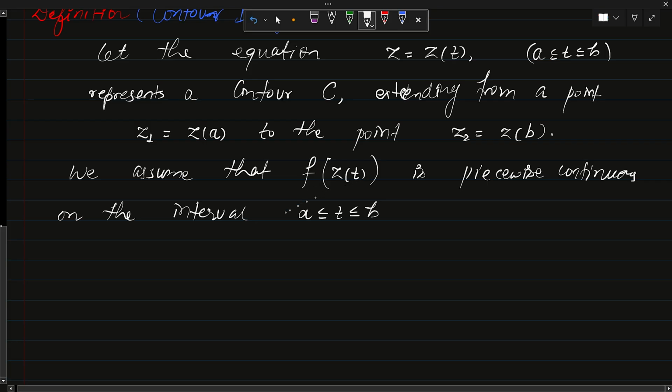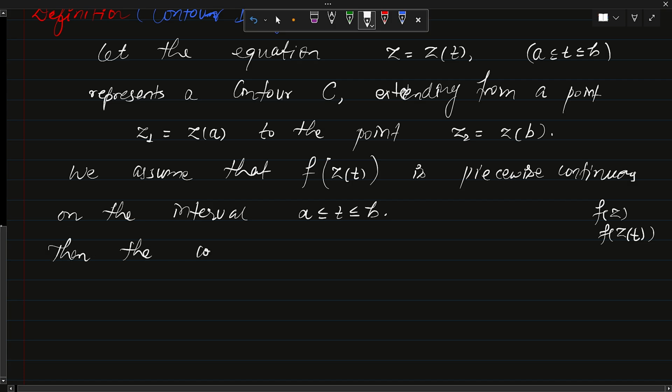And we are also supposing that whenever we put in values of t, the values of z that we get, when inserted here, give us f of z. So f of z and f of z of t will give the same values, or the same set of points. Okay. So we assume that this function is piecewise continuous on the closed interval a to b, right?